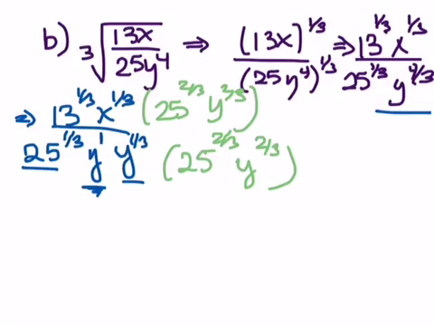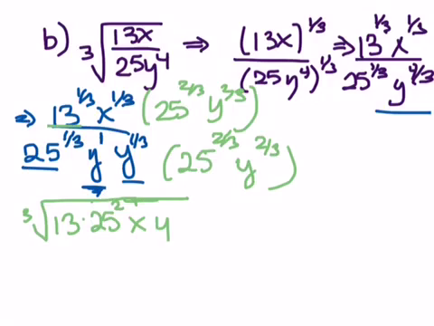Okay, so if I do that, I have the cube root of 13 to the 1st times 25 squared, and then underneath that I also have x to the 1st and y squared.